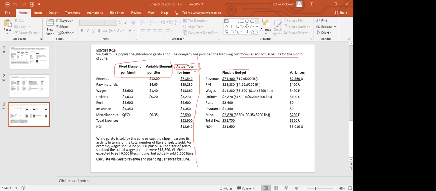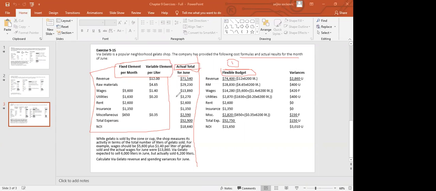Okay, so you are asking yourself, what do I do with all of this now? I need a flexible budget. Number one, how do I make a flexible budget? I make a flexible budget by using the formulas from the planning budget and actual activity. That's it.